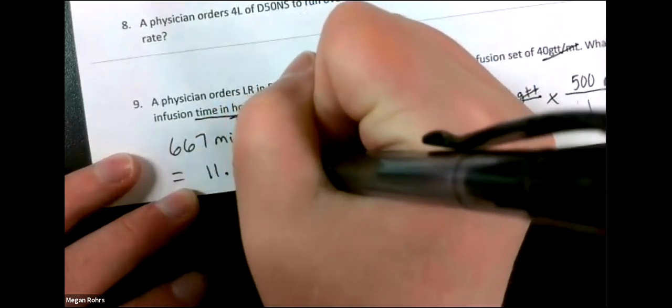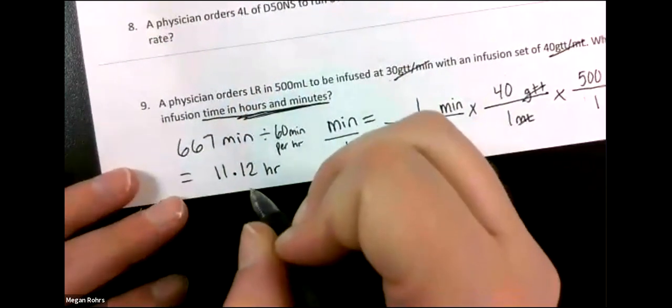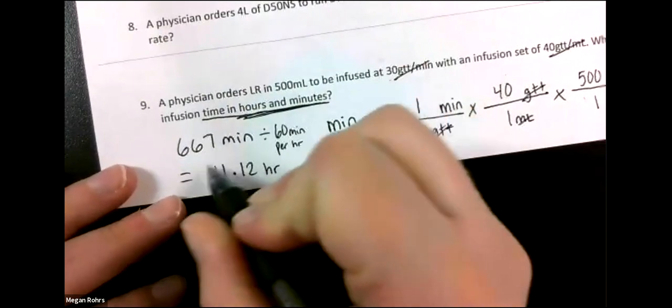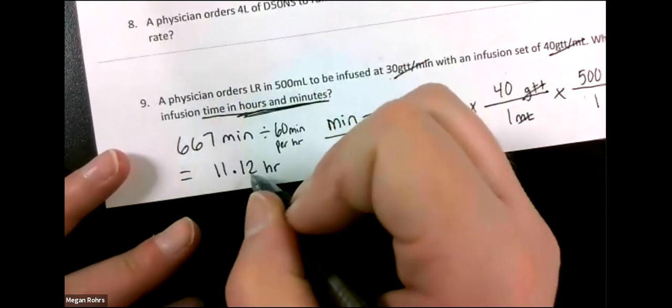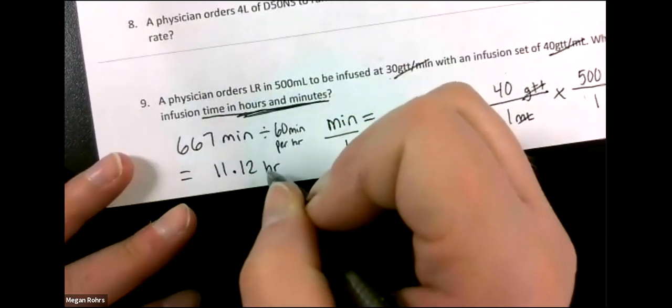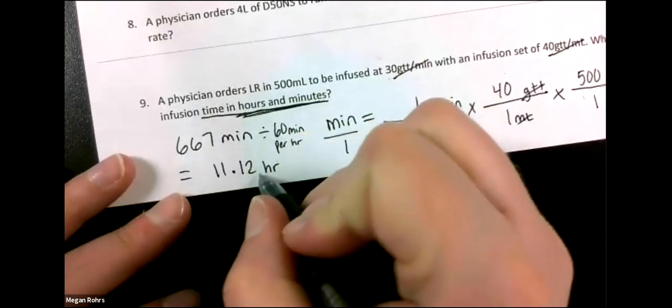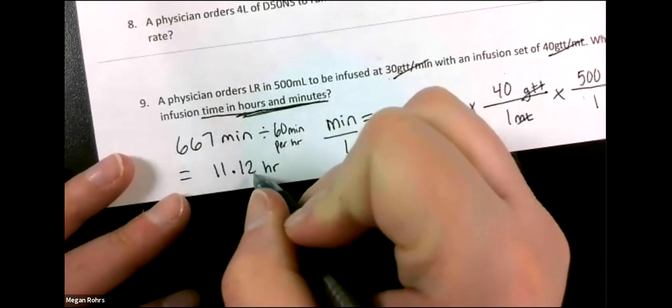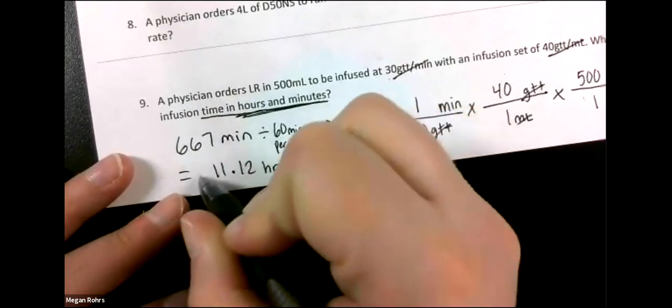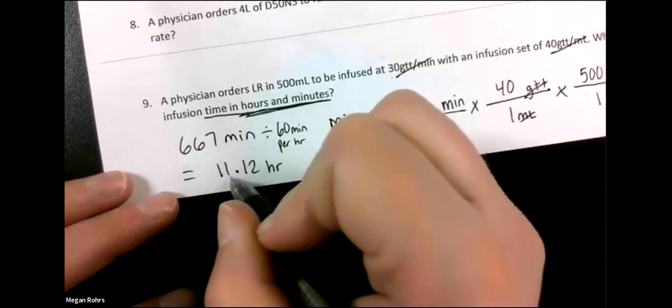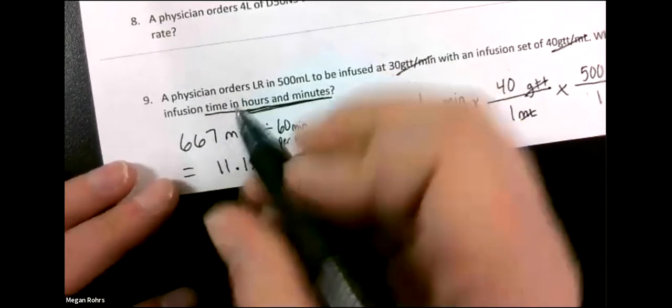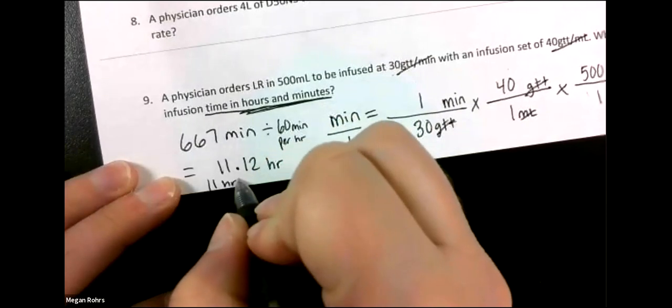So 667 divided by 60 minutes per hour equals, I get 11.12 hours. Now remember, if I say that'll last 11.12 hours, that's not going to make sense. And this also does not mean 11 hours and 20 minutes. Okay, this is just in hours right now. So we know this is 11 whole hours. So 11 hours.